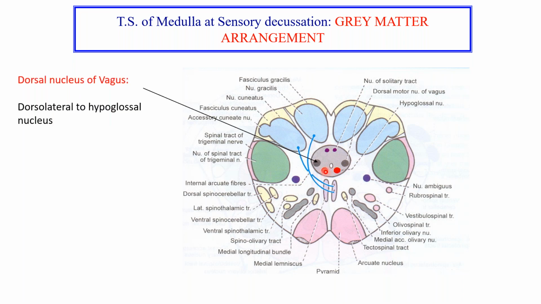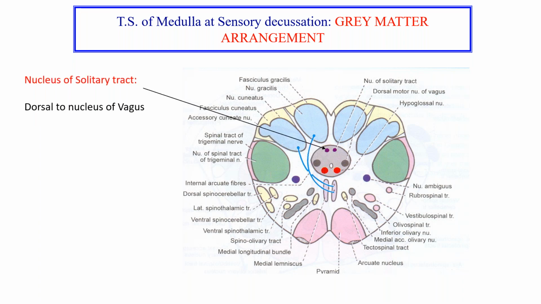Next thing you have to draw, a little behind it, is the dorsal nucleus of vagus, dorsally and lateral to the hypoglossal nucleus. These are all the origin points, the cranial nerve nuclei that we were discussing in the commencement of our lecture. Nucleus of solitary tract is dorsal to the nucleus of vagus.